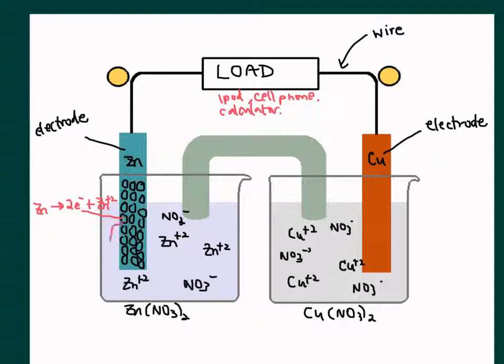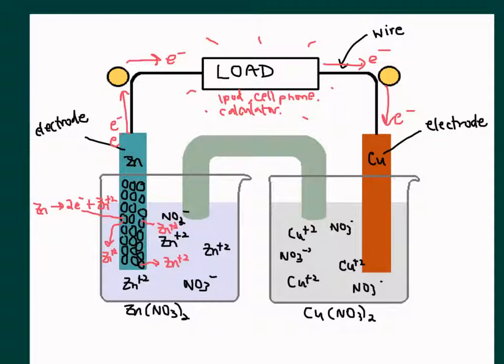And so once that happens, that zinc ion gets dumped into the solution. So all of these, whenever they lose 2 electrons, are going to become zinc ions and end up in the solution. And then those electrons that they lose are going to be pulled through the wire towards the copper because the copper wants them. So our electrons are going to start to leave the zinc and flow through the wire and power our load, and then flow out of our load through the wire into our copper.